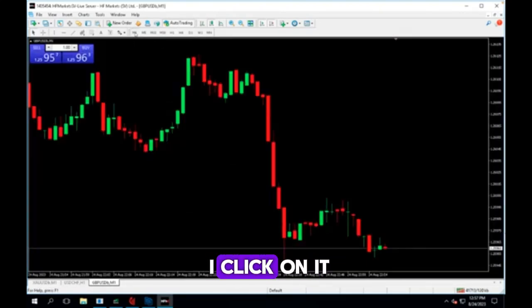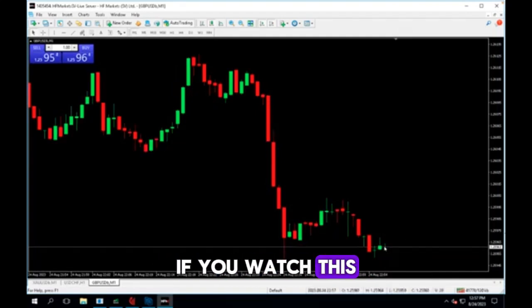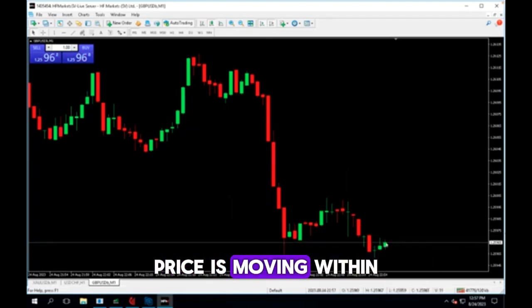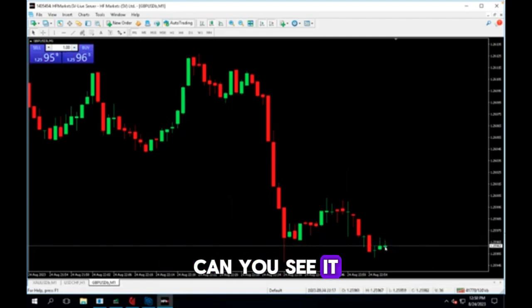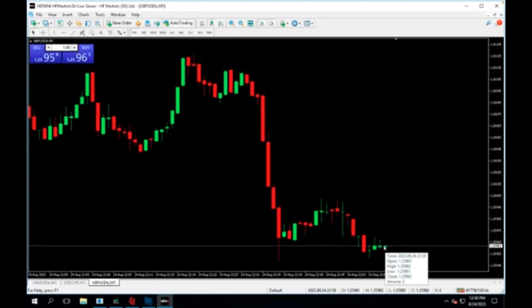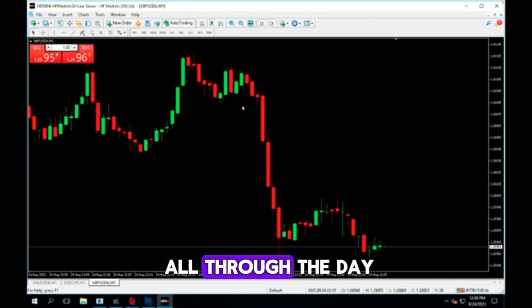If I click on it, it means each of these candles took 1 minute to form. If you watch, in the next minute it's going to change. Price is moving within. After 1 minute, can you see that another candle has formed? And so it's forming all through the day.